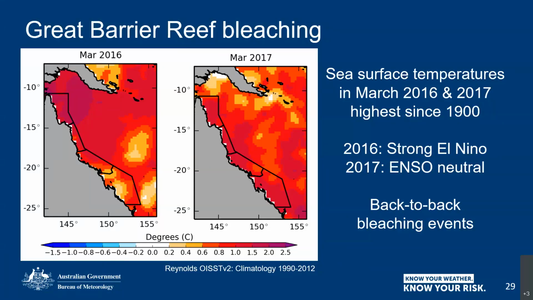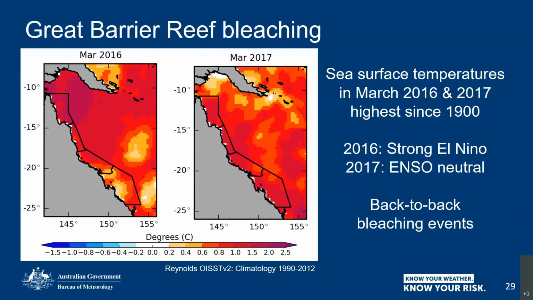So the average of what happened over all those Marches during those 2 decades is what we define as normal. So these plots are showing you how the temperature differed from normal. Those red colors, if you look at the color bar, go all the way from 0 up to a purple color of 2.5 degrees above normal. So in March 2016, the highest temperature anomaly, deviation from what is normal, happened in the far north.